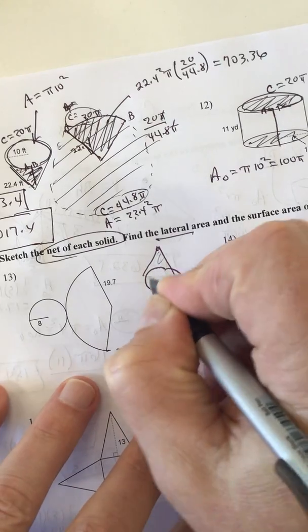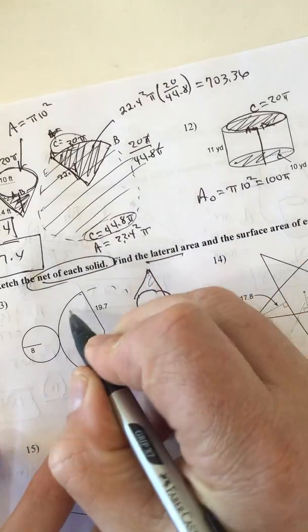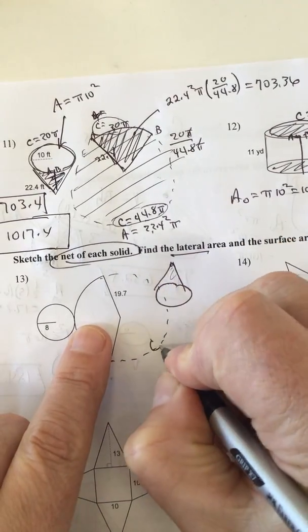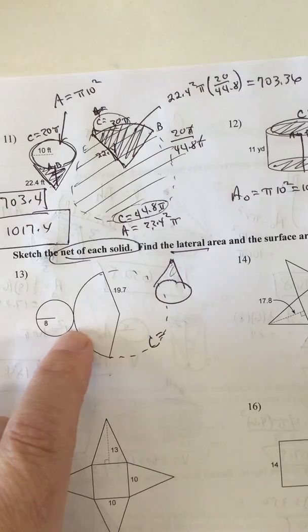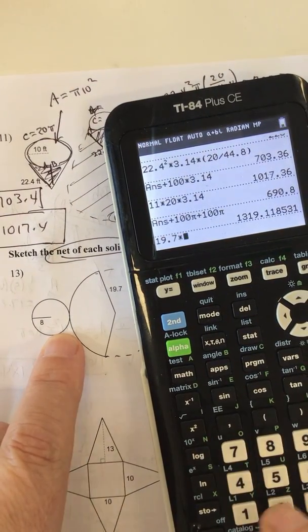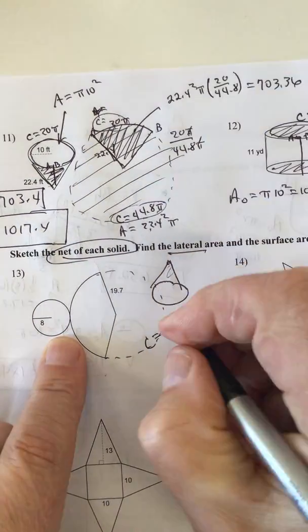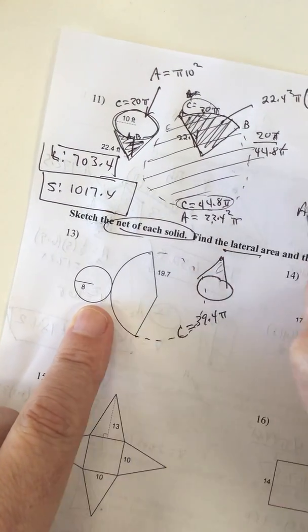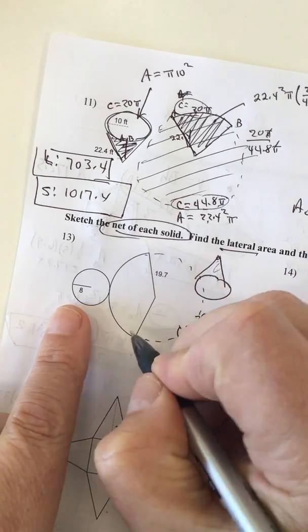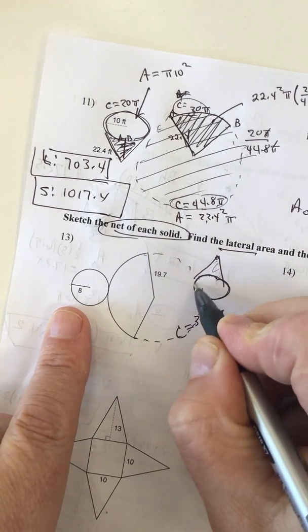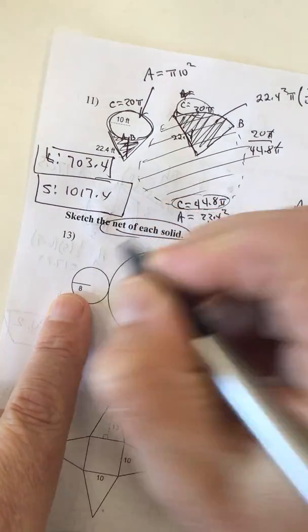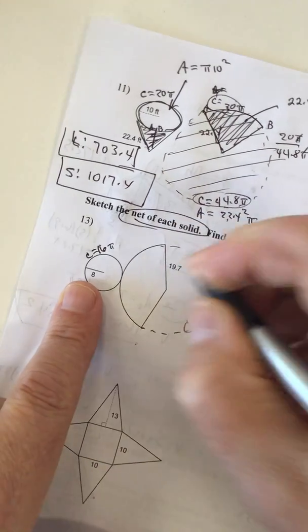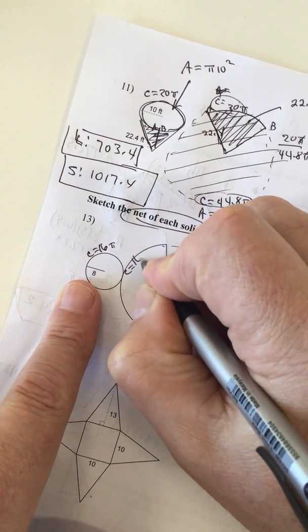I'm going to do the same thing. I'm going to try to figure out what proportion this is of that. The circumference of the big one is diameter times pi, 19.7 times 2, which is 39.4 pi. This piece right here, when we cut it, is the circumference of the circle, which is 16 pi.